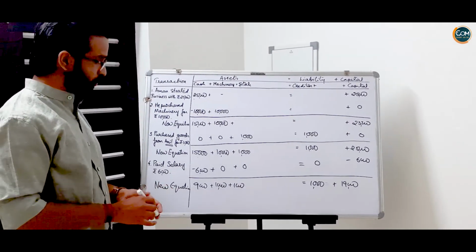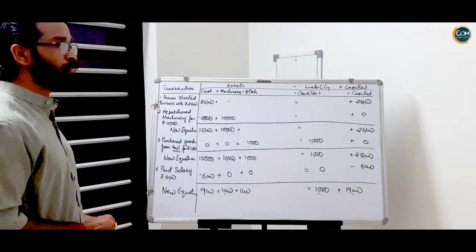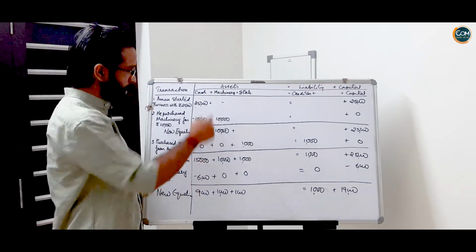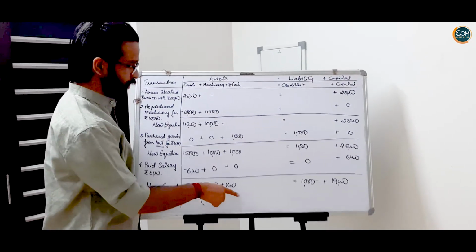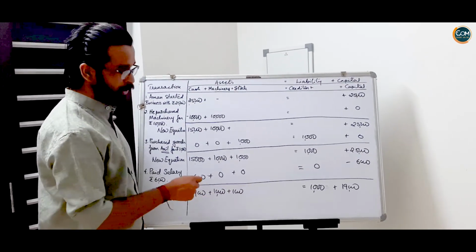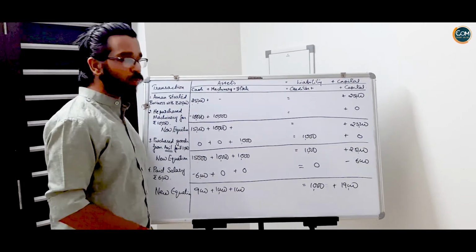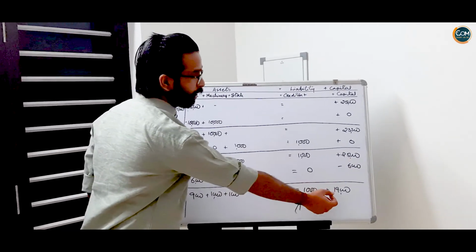Now here also the accounting equation proves to be correct, as the asset side total, which is 9,000 plus 10,000 plus 1,000, that is 20,000, is equal to the liability plus capital.